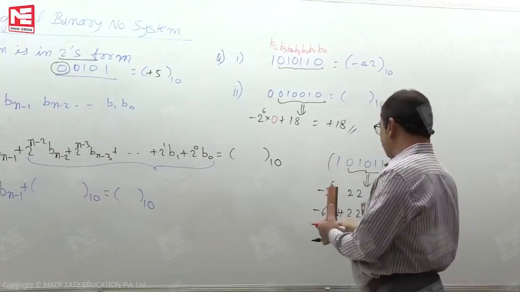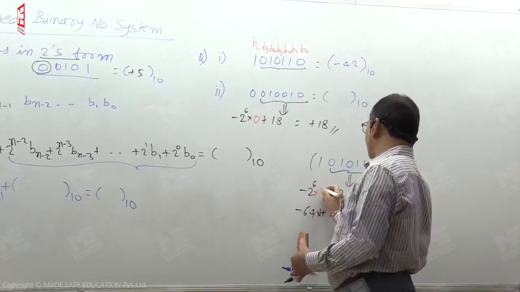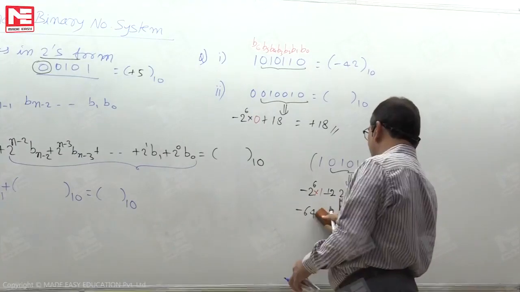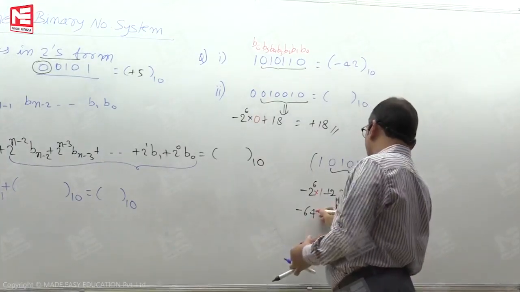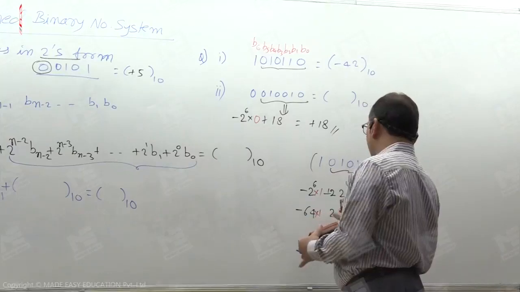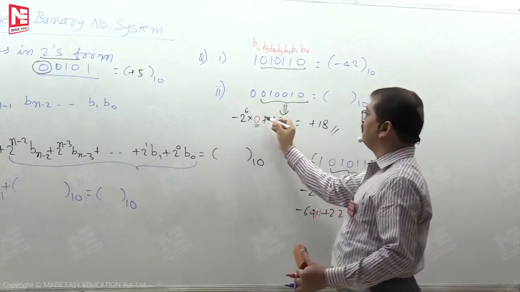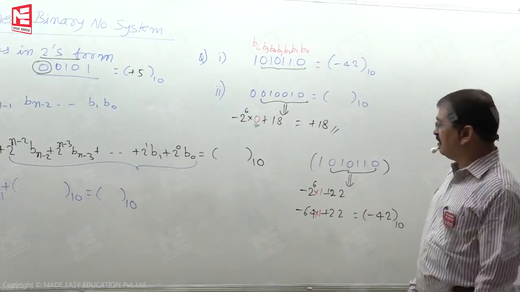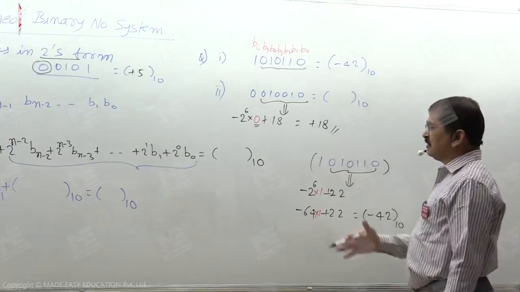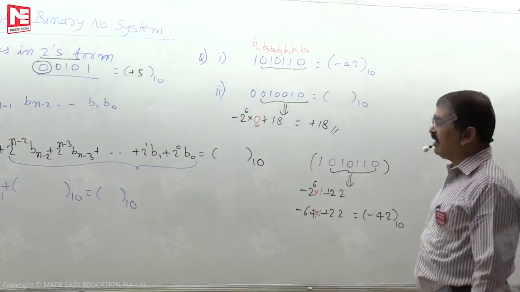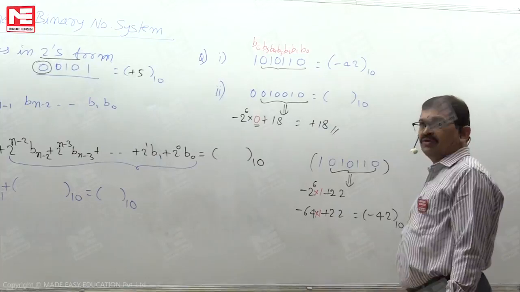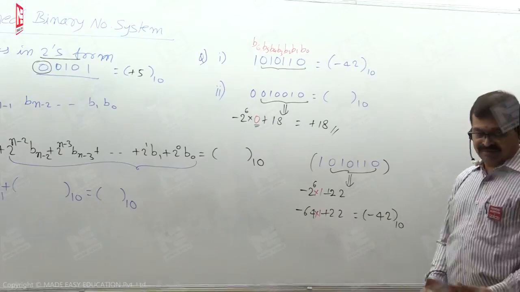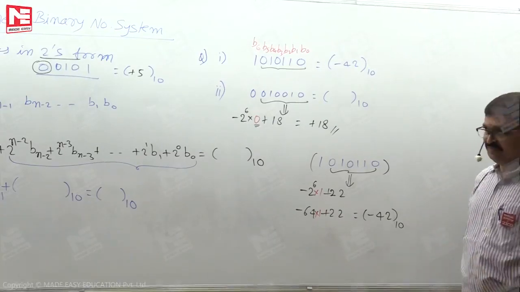For clarity, I will write: for a negative number we have a multiplication with 1, but for a positive number the multiplication will be 0. So that makes sense. It does not matter whether the number is positive or negative; the formula we mentioned can be used. Like this, we can quickly use the shortcut to identify the equivalent decimal values.